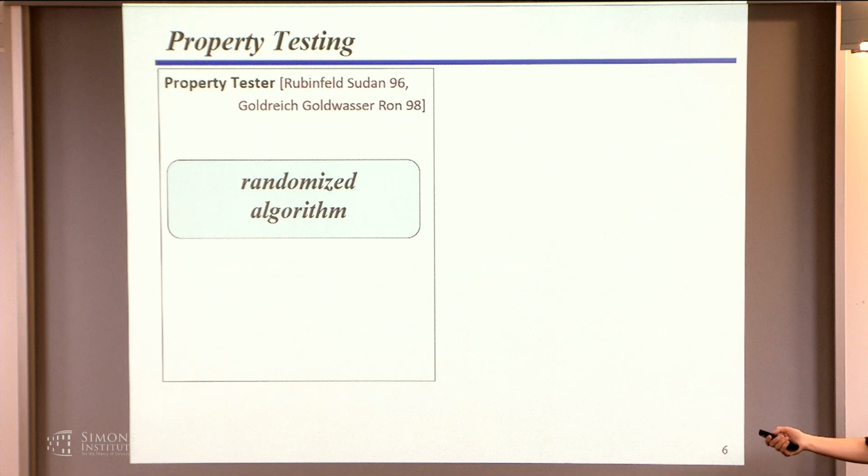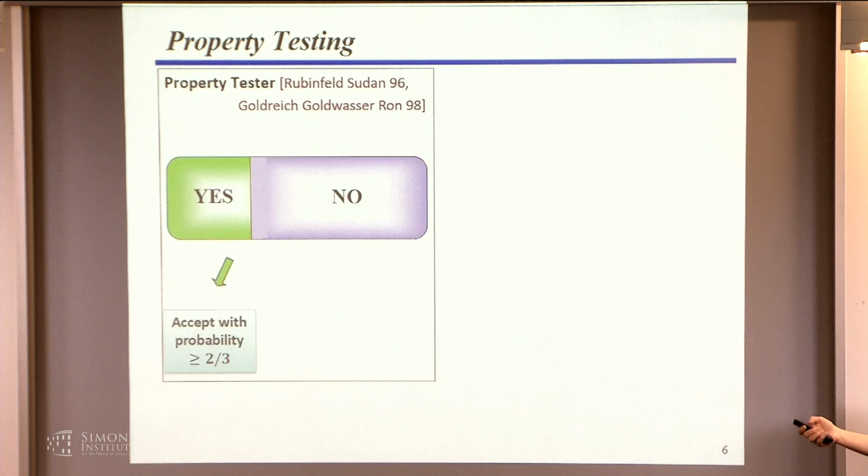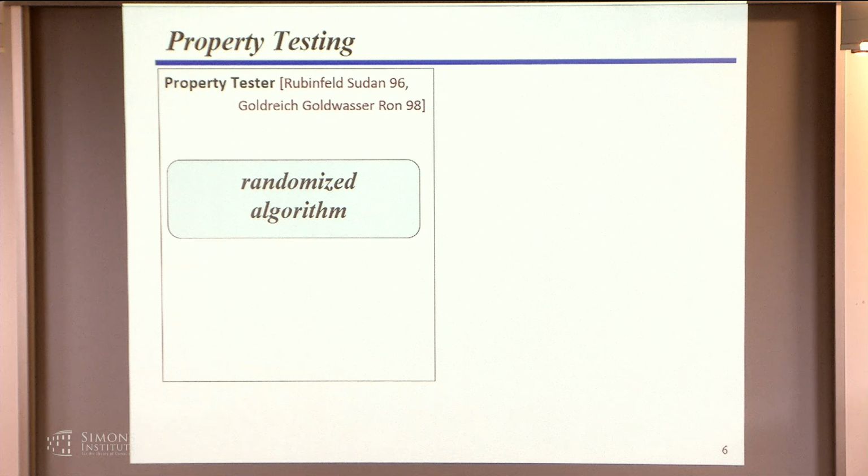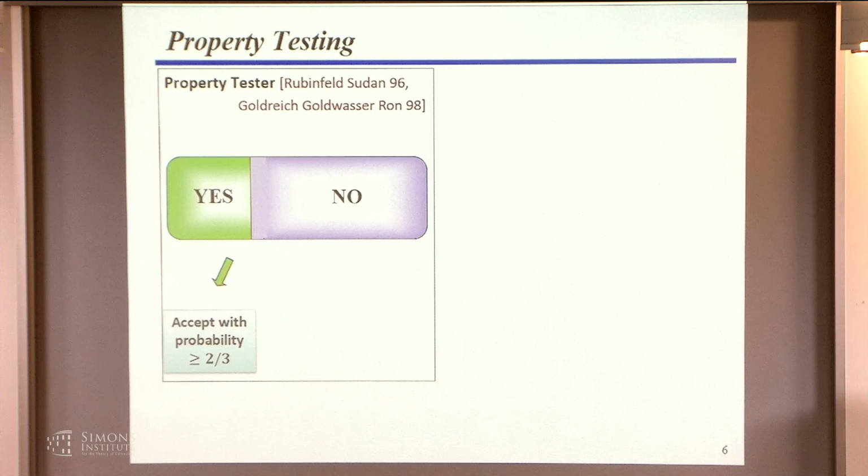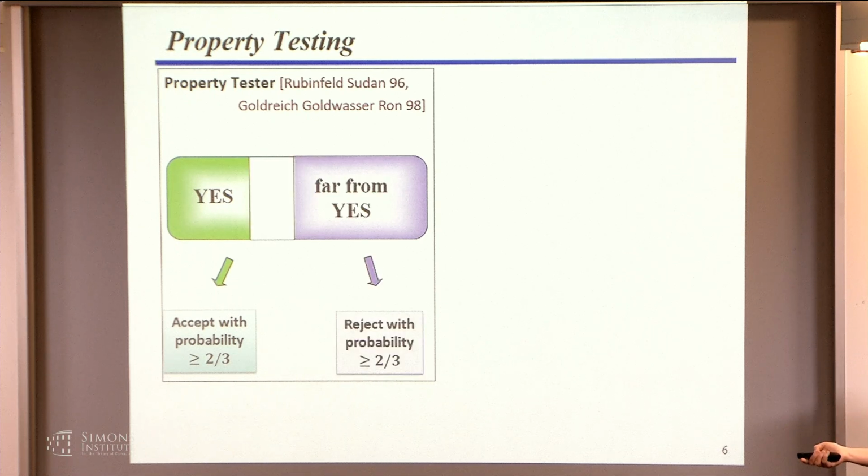So this is the property testing model that we all know and love. It was first considered by Rubinfeld and Sudan and formally defined by Goldwasser and Ron. In this model, our randomized algorithm has to solve a decision problem approximately. The answer to the actual problem is yes or no. And the algorithm has to accept with probability at least 2/3 if the answer is yes, and reject with probability at least 2/3 if the answer is far from yes.